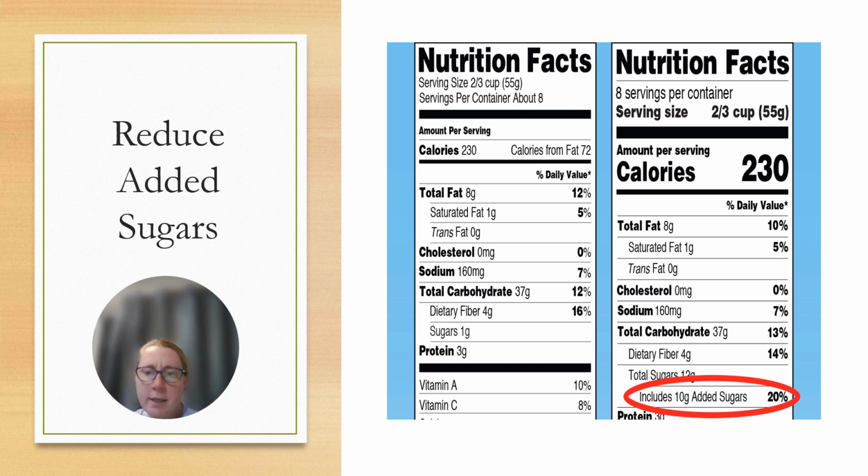But then they added 10 grams of sugars that could be something as simple as cane sugar, fruit juice, there's hundreds of different ways that the sugars can be added in there. So it's something we want to reduce. Typically, we want it to be less than 10% of your total daily calories. When you have heart issues, we usually say try to reduce that even lower.